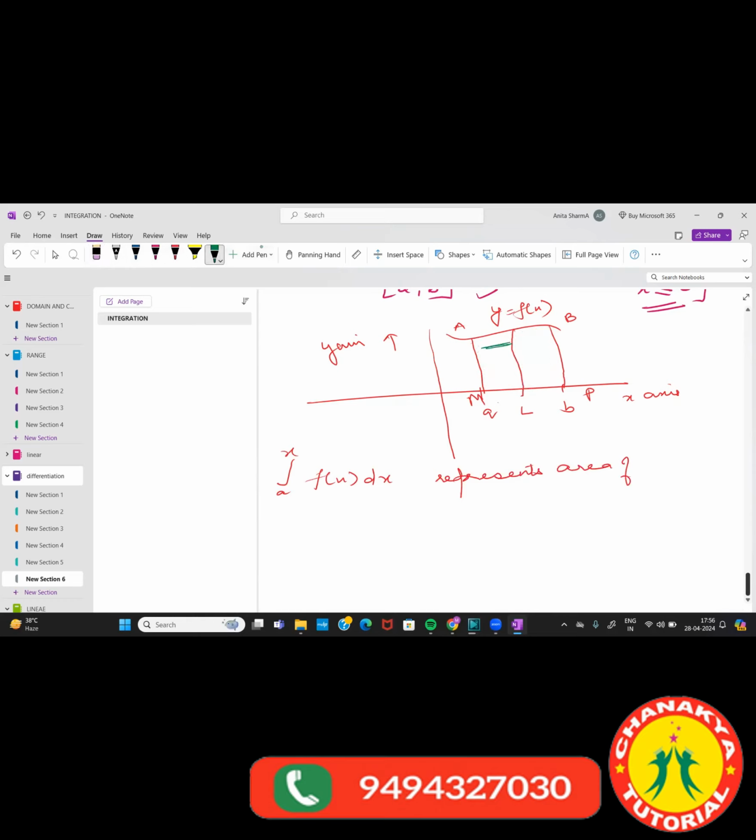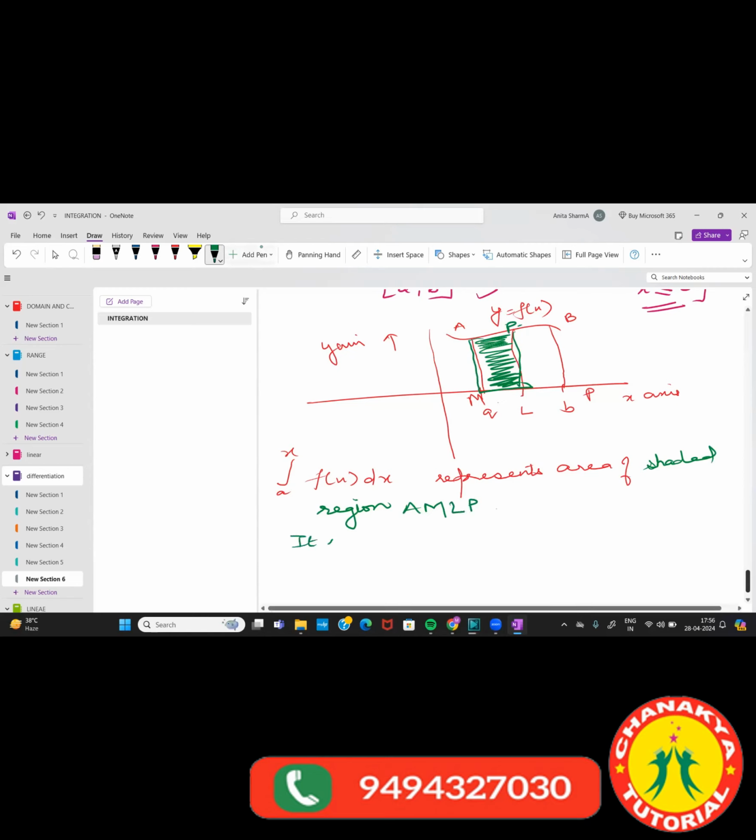I'm explaining by parts, okay? Step by step. So this area represents the area of the shaded region AMLP.